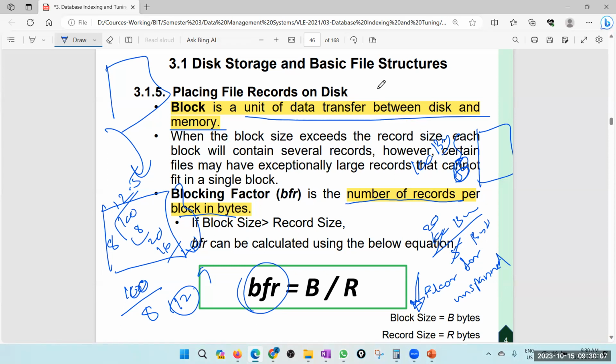It's a small waste of storage, but otherwise to access that record you have to access two blocks, which is more time consuming and hurts performance. So make it floor when you calculate the block factor. What is block factor? The number of records that you can keep in a block. It depends on your record size, and also on the block size of the computer or hard disk.